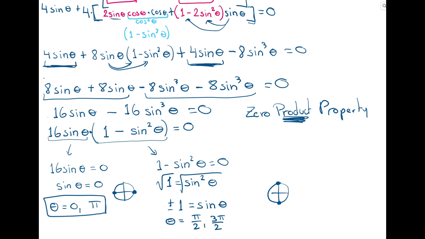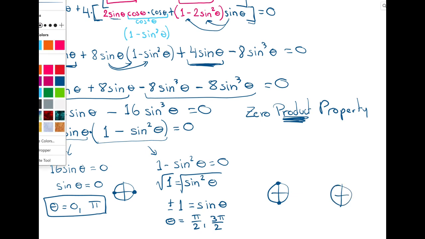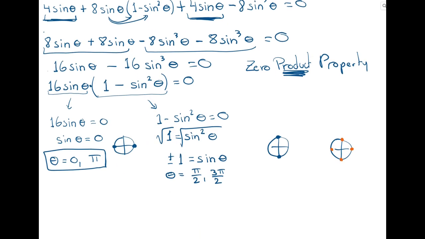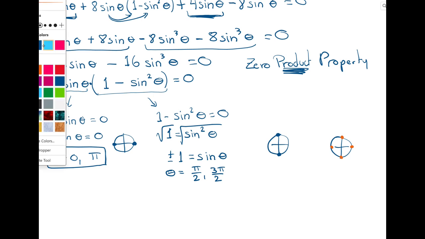Now look where all those solutions are. Right there, right there, right there, right there. So all my solutions are going to be pi over 2 away from each other. And when I want to write my general solution for that, I'm going to use that fact and kind of, I don't need as many, right?